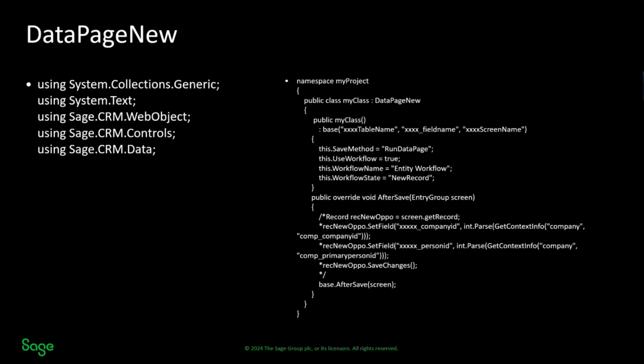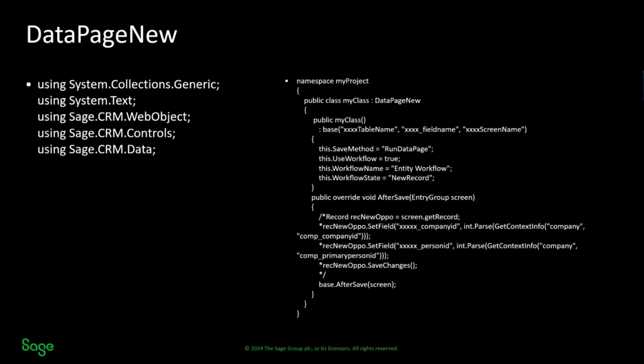But you'll notice as well that as a record is created, I can set workflow values and say this dot workflow name, this workflow state. That's going to be the values that we push into the workflow.